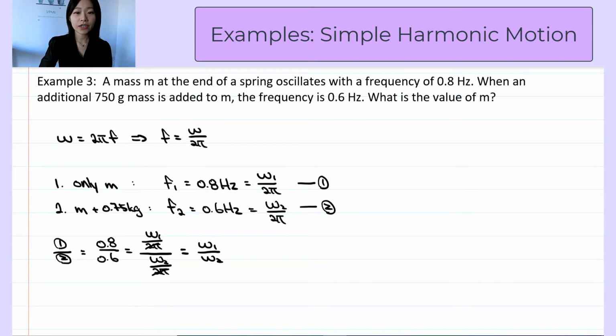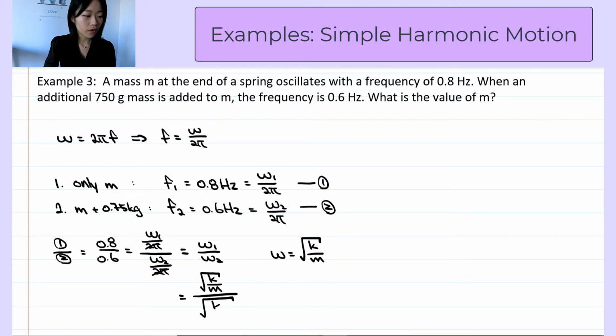In the last video, we also found that omega is square root of k over m. So omega 1 is square root of k over m, and omega 2 is square root of k over m plus the added mass, 0.75.